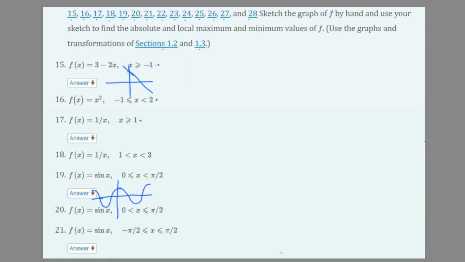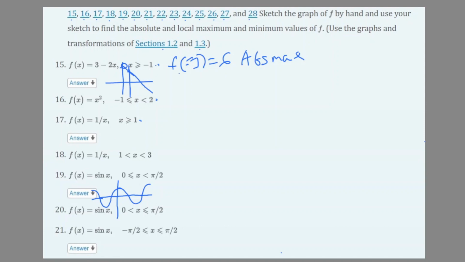And we have to depict it from the interval from -1 to infinity. So we could say the absolute maximum is at -1, which if we plug in -1 for x, f of -1 is equal to 6. That would be your absolute maximum.